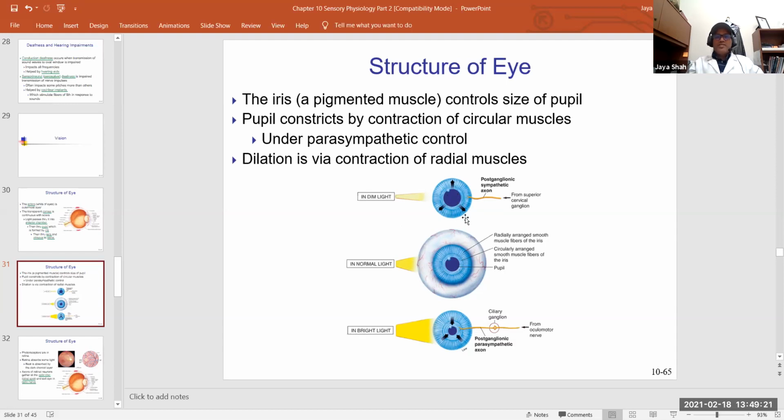Your pupil dilates due to the contraction of radial muscles. And that works under the influence of the sympathetic nervous system. Where there is bright light, then circular muscles under the parasympathetic nervous system constrict and reduce the size of pupil. So less light enters your eyes and still you can see the object. Okay.